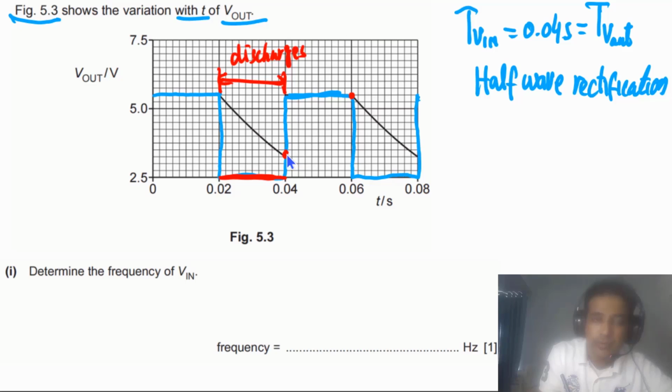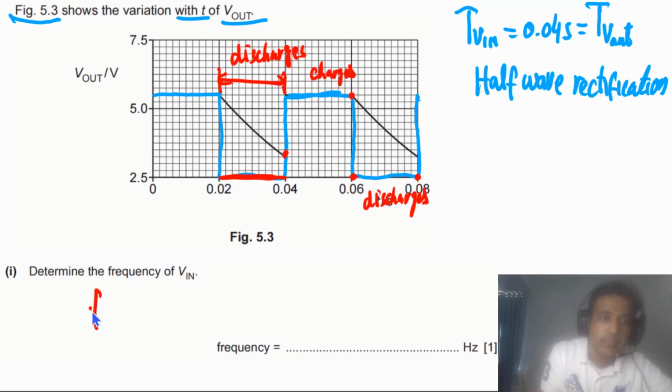So from here to here the capacitor charges. And again from this point to this point the capacitor discharges. So the time period in this case is equal to 0.04 seconds.